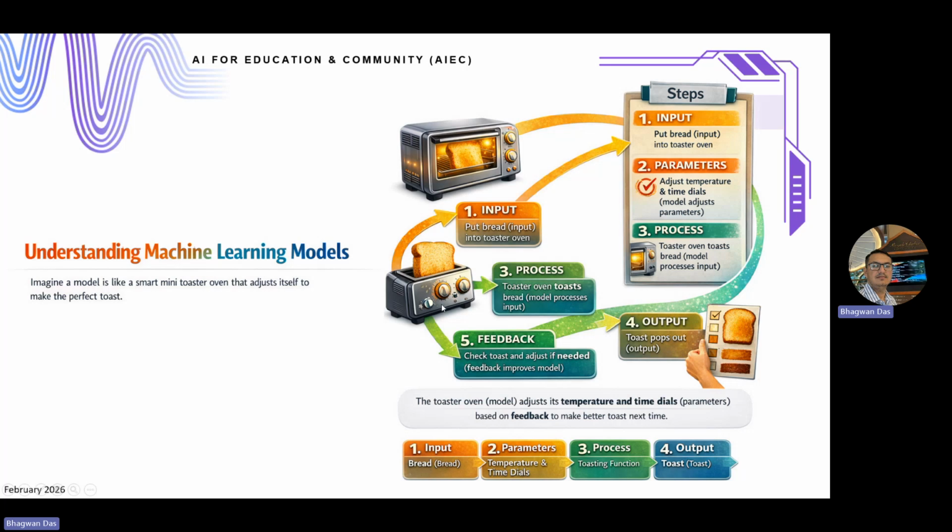It could be an oven, the normal toaster you can see here. So what exactly is inside the toaster? The toaster works as the model. Now you put the input, the bread as the data, into the toaster oven.